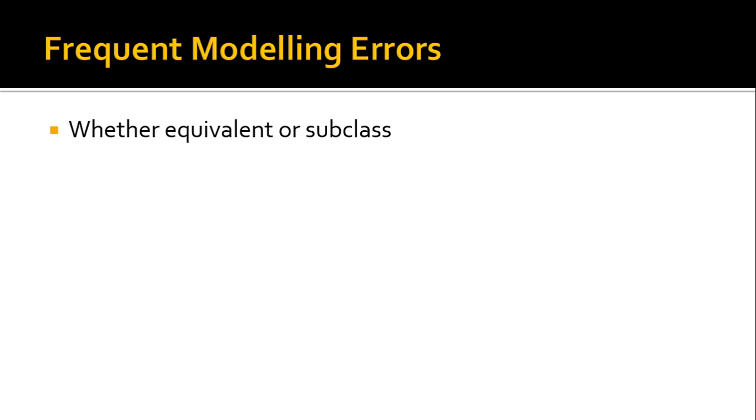We have already seen that we can define a concept to be an equivalent class with another class, or a subclass of another class, right? So given the specification in natural language, we need to first decide whether we should go with an equivalent class definition or a subclass related definition, right? So that is the first decision point.